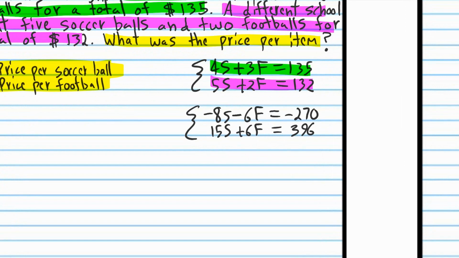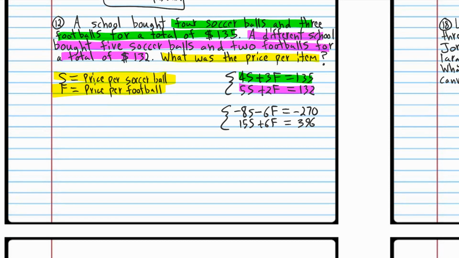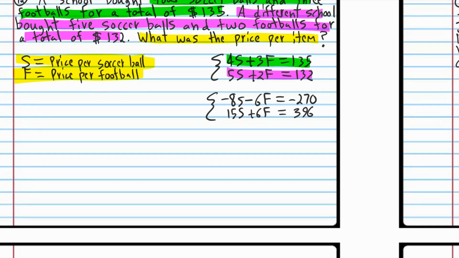Again, this is all review from the class on systems of equations. So that looks right. Just checking the calculations there. Now we're going to eliminate. And -8S plus 15S would be 7S. The F's cancel out.